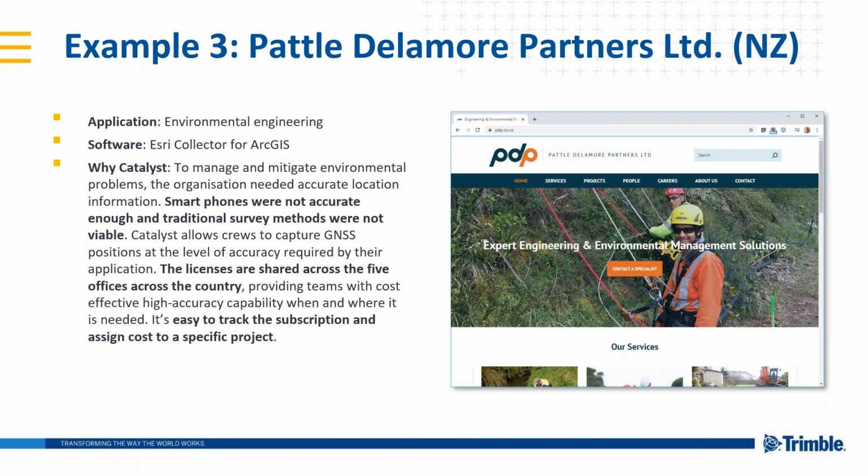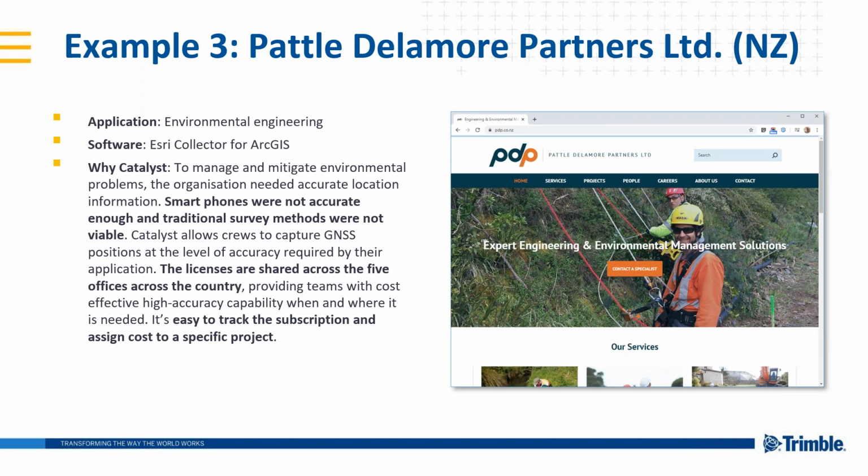And then the third example is local to me here in New Zealand. It's an environmental engineering company, and for them, I think there's a few different. This is probably the best example of these three for me. It's not a developer, so this is a user.